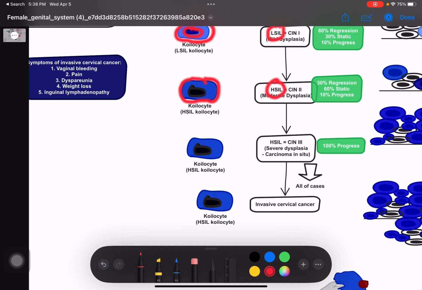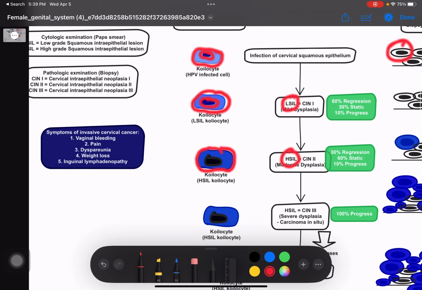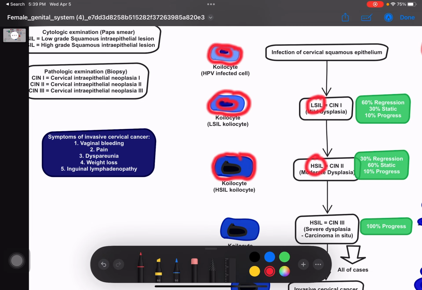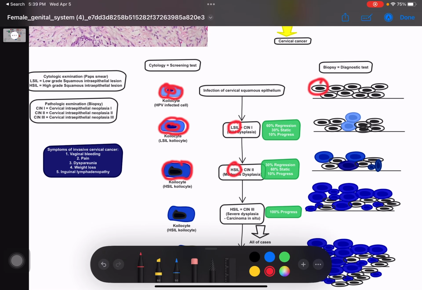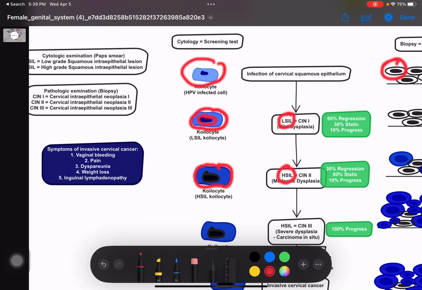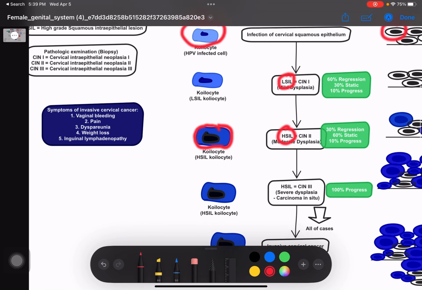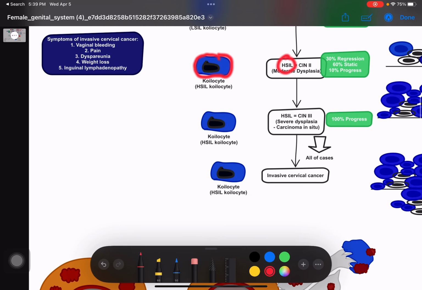You see the cells getting more and more atypical. Here, this is HPV infected, but it usually resembles the normal cervical cells, and then it gets atypia when it progresses from low-grade squamous intraepithelial lesion to high-grade squamous intraepithelial lesion. It gets more and more atypical, and invasive cervical cancer cells are identical to the ones in high-grade squamous intraepithelial lesions.